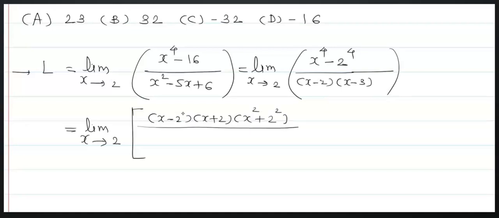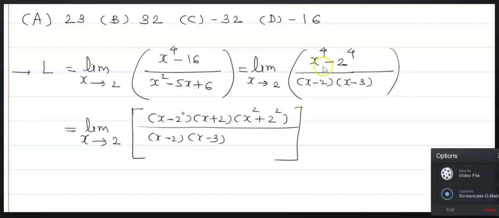And now the factors of x raised to 4 minus 2 raised to 4 can be written as x square minus 2 square into x square plus 2 square. Again, x square minus 2 square can be written as x minus 2 into x plus 2, upon x minus 2 into x minus 3. Now x minus 2 gets cancelled.